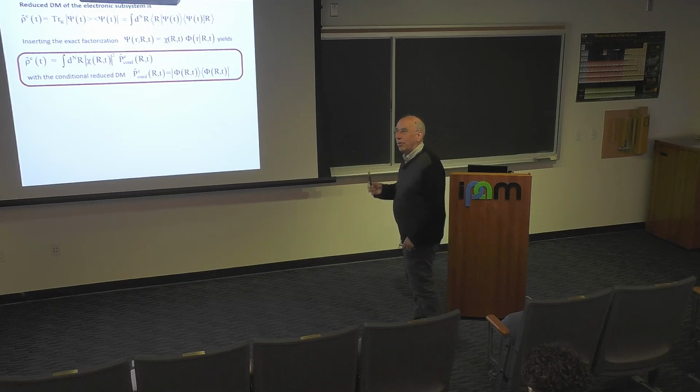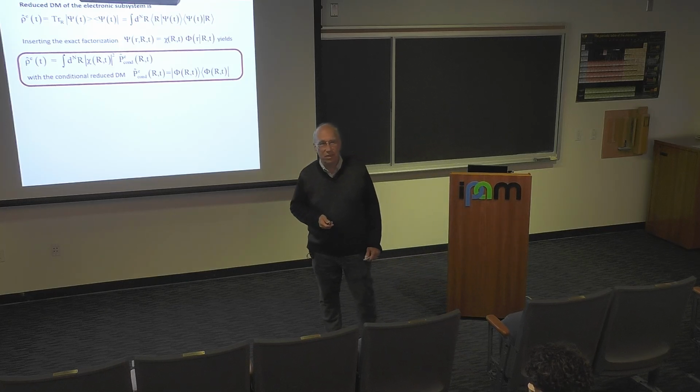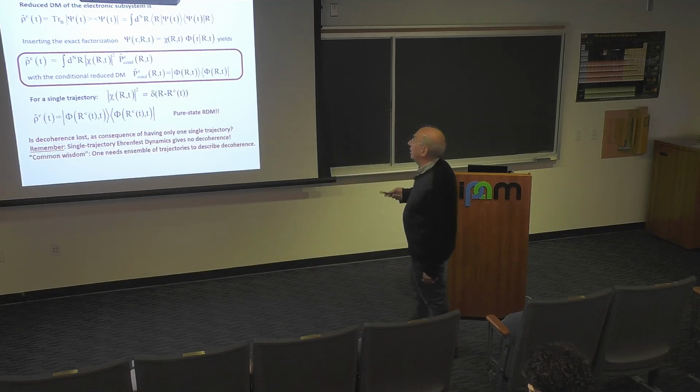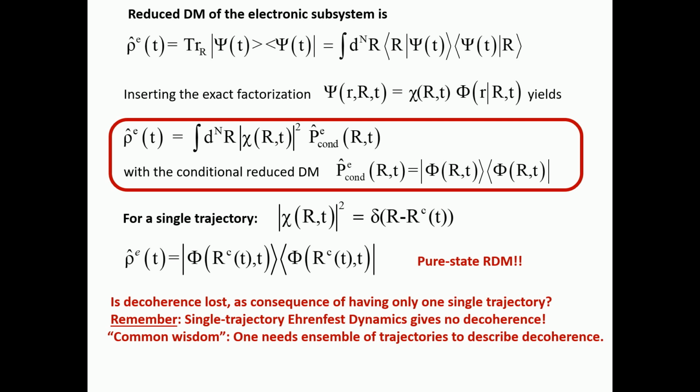So now we do an approximation, namely a classical approximation for the nuclei. So we replace this nuclear density by a delta function involving a single trajectory. So this is clearly an approximation, right? The first time here that I do an approximation.